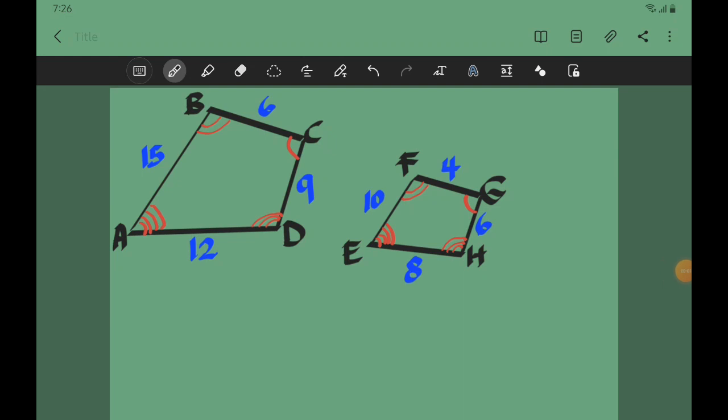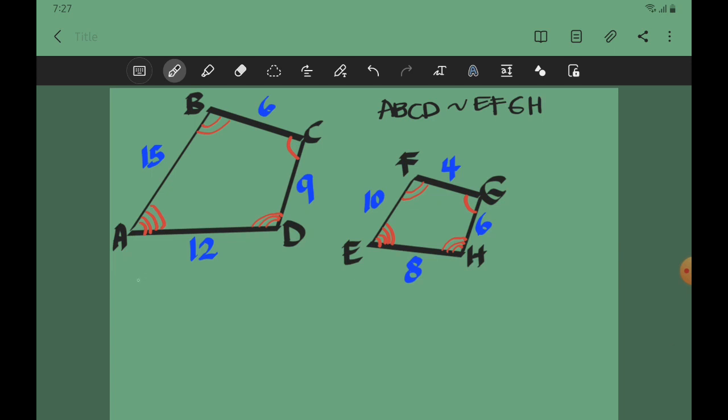So, let us try another example. We have here quadrilateral ABCD similar to quadrilateral EFGH. So again, we have here the corresponding angles. So we are just going to base on the given figure.